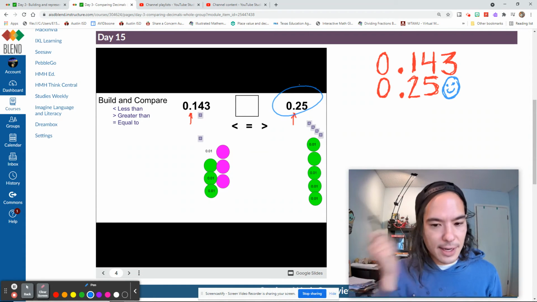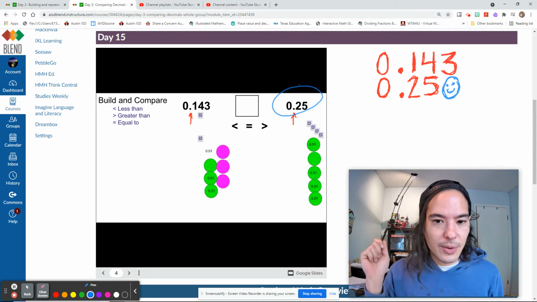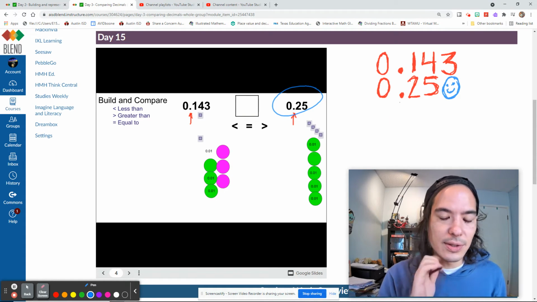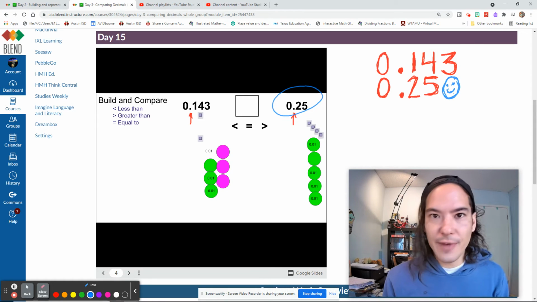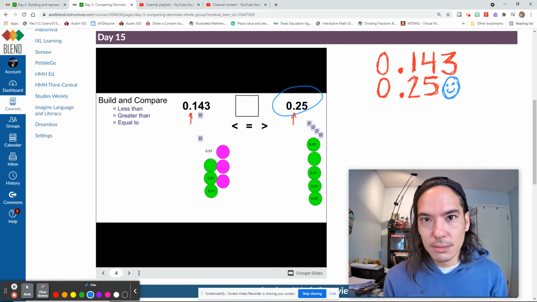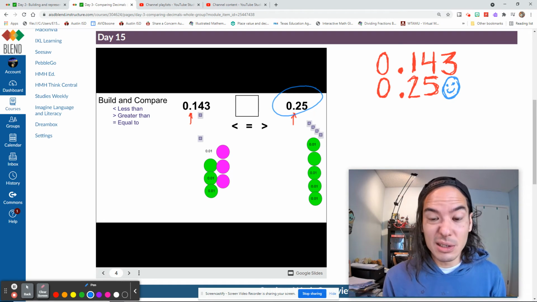So if I need to, I can take that off, and I know that my original number is still the number in red. All right, so an emoji 0 is like a 0 that we know that we just used to help us. Does the 0 change the value of the number at all? No. The 0 doesn't change the value of the number, it just makes it easier to look at.